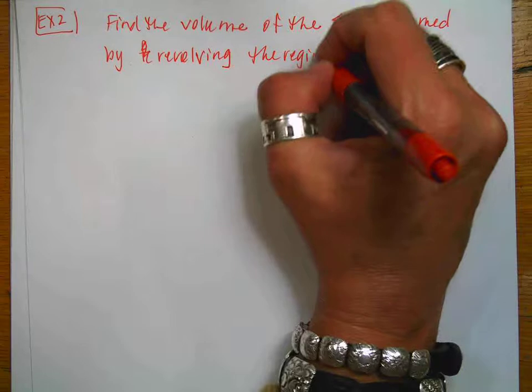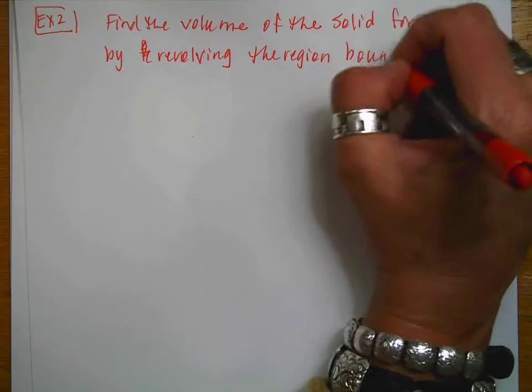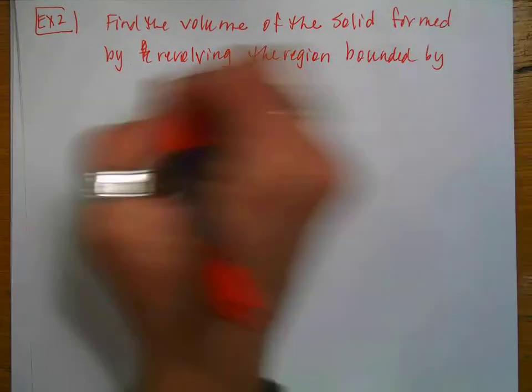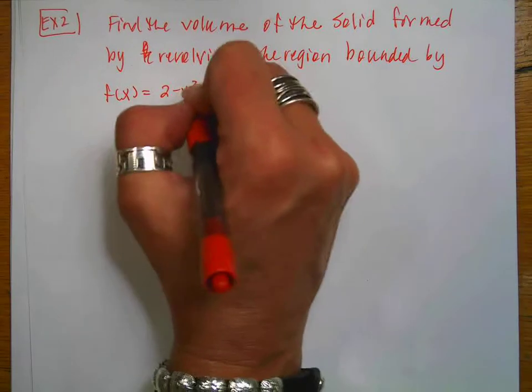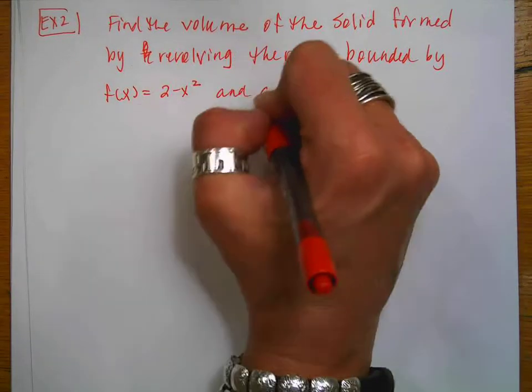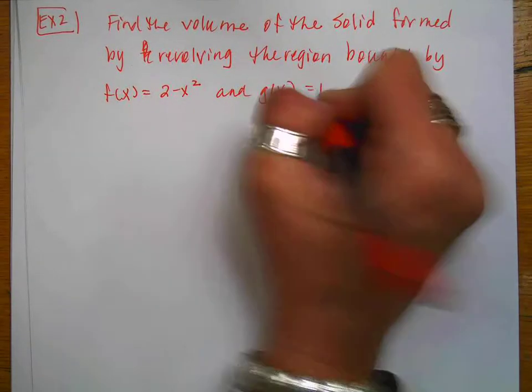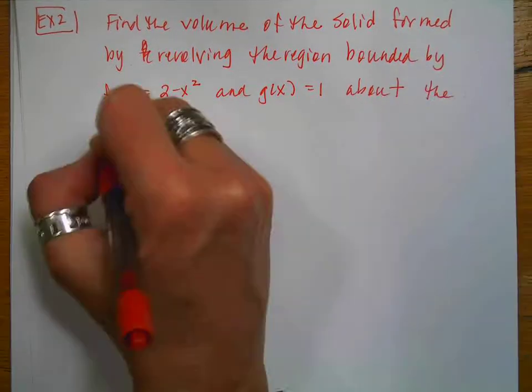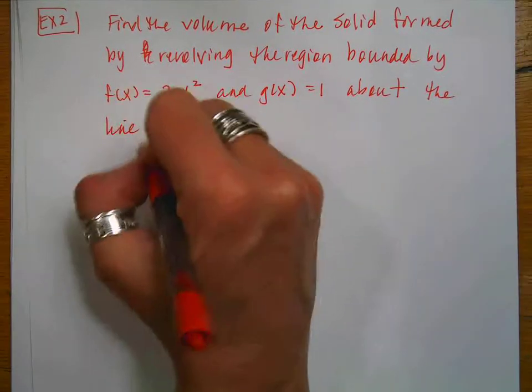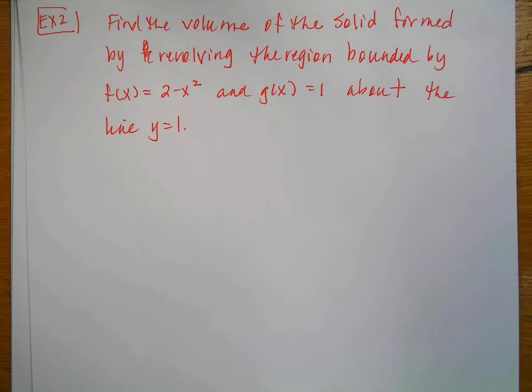The region bounded by f of x equal to 2 minus x squared, and g of x equal to 1, about the line y equals 1.